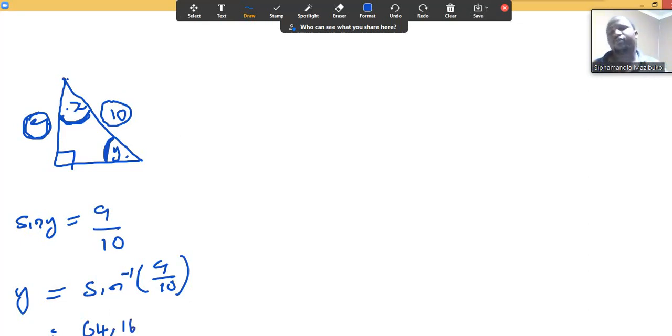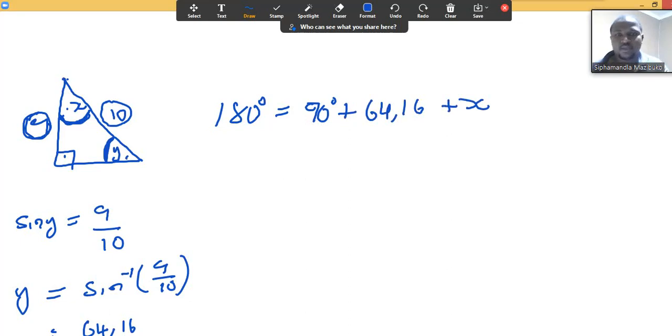Okay, so to find x, we know that the summation of all angles should give us 180. So we must have 180 is equal to 90 degrees, which is this angle here, plus 64.16, which is our y, and then plus x. So we can say 180 degrees minus 90 degrees minus 64.16 is equal to x.